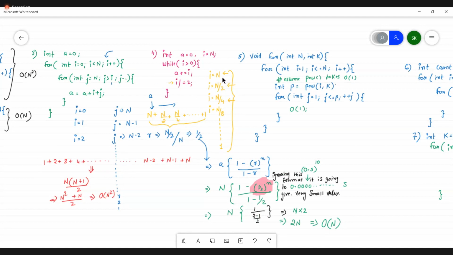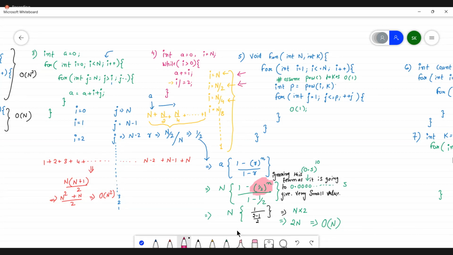Initially it was n, then n by 2, then n by 4. This was the value of i, and this was considered as one iteration, this was your second iteration, and similarly it was continuing. Getting this? Clear now.